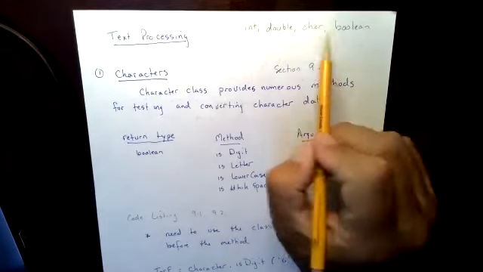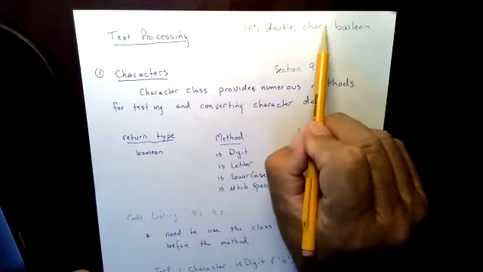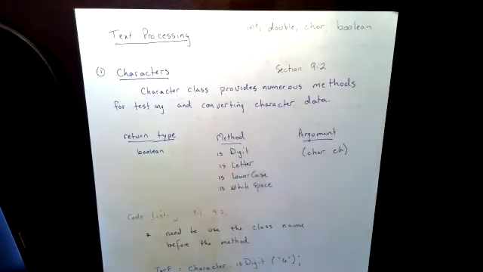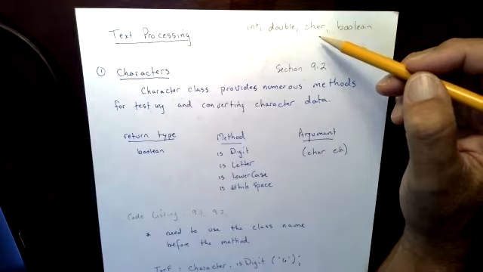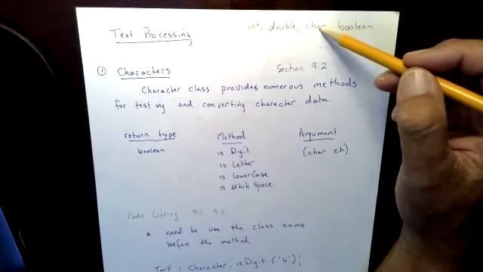Okay. So today we're going to work a little bit more on this data type char, because a lot of what we do isn't working with chars directly, but blocks of code have already been written to help us work with characters.